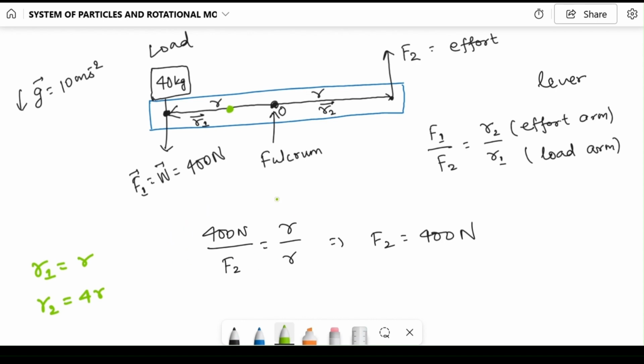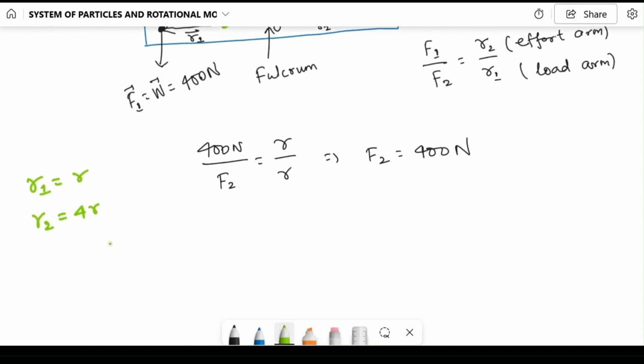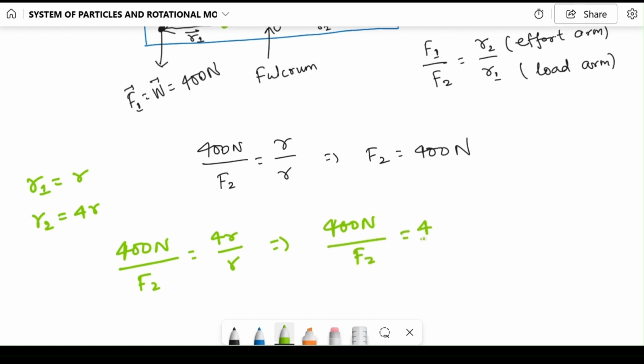Now I'm asking how much effort should be put here, how much force should be applied to keep this 400 Newton weight balanced. You can easily say in this particular case, 400 Newton divided by F2 equals 4R divided by R, so 400 Newton divided by F2 equals 4 by 1, or F2 equals 400 by 4, which is 100 Newton.